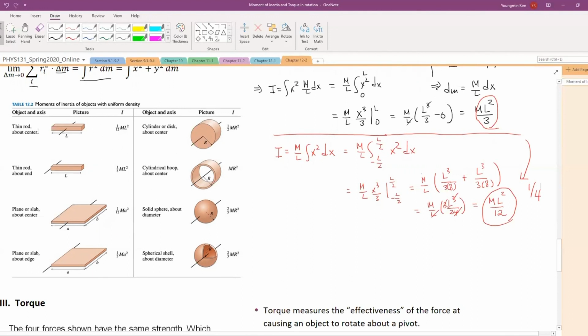So we have covered these two cases on top, a thin rod about the center, a thin rod about the end, or a slab about the center, or rotating about the end, or even a sphere or a cylinder. They all will exhibit different moments of inertia.